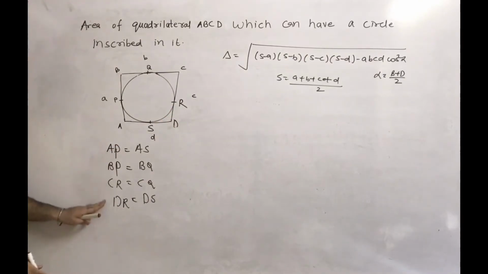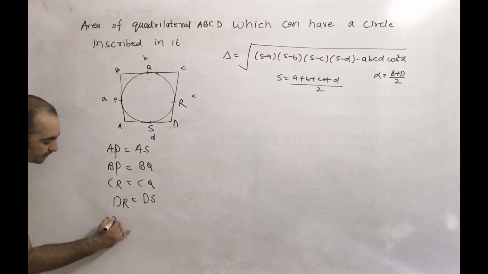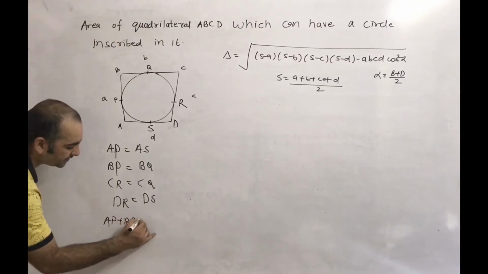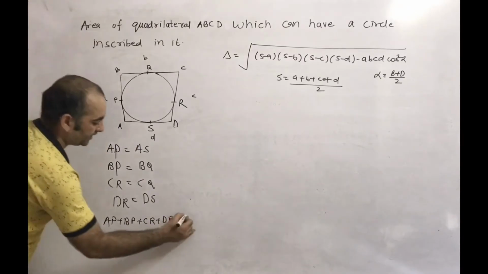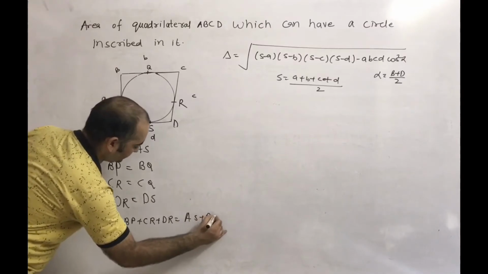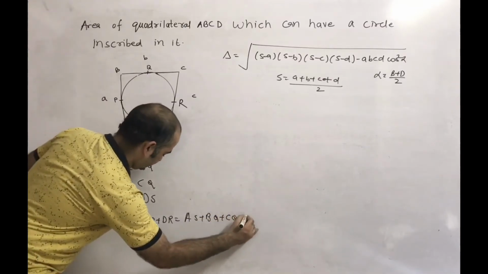Now we are adding these. So what will come here? AP plus BP plus CR plus DR equals AS plus BQ plus CQ plus DS.